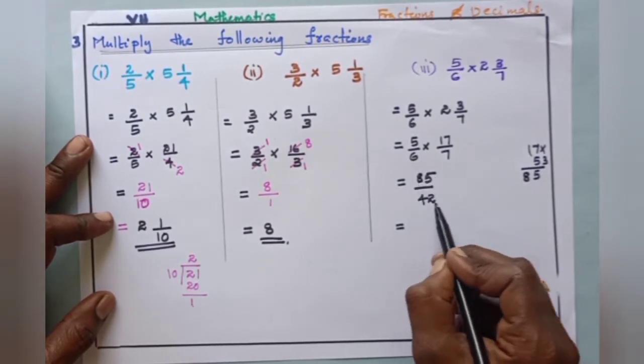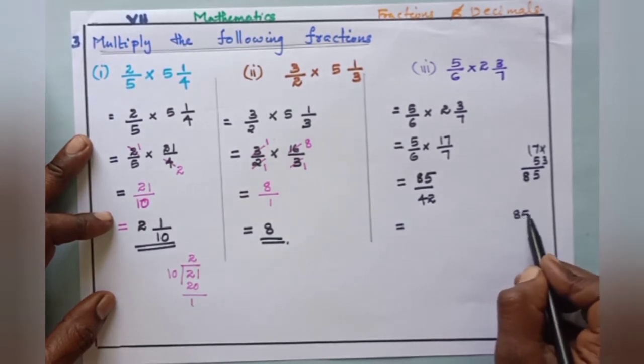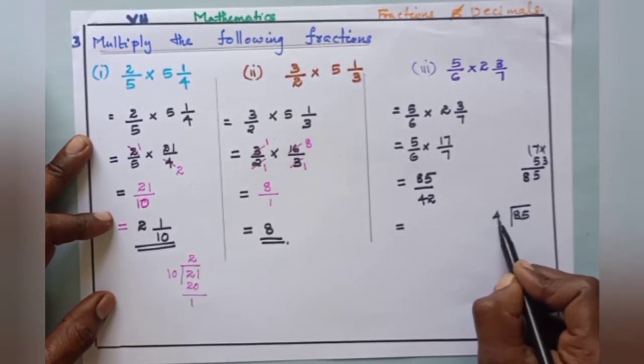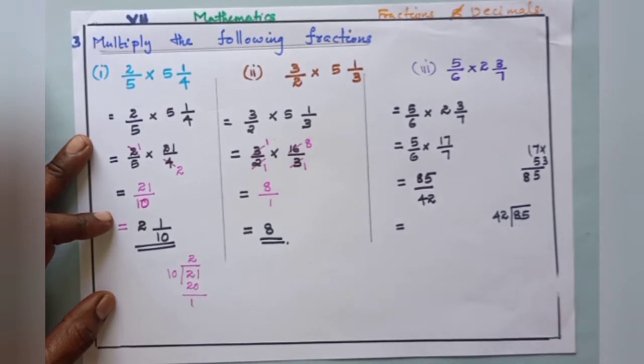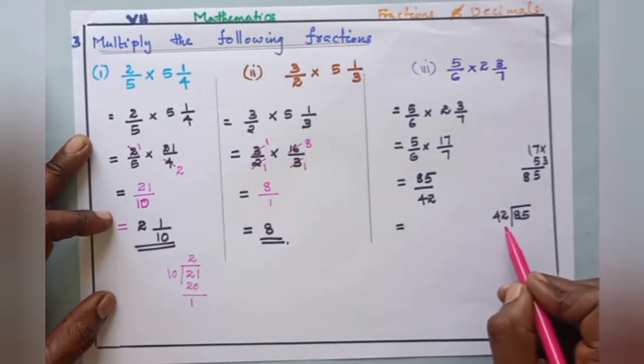See, this is an improper fraction. Convert into mixed: 85 divided by 42. 42 is bigger, the divisor is a greater number.